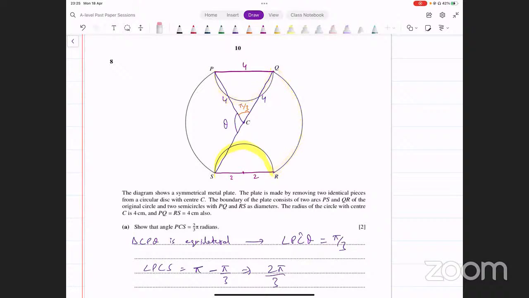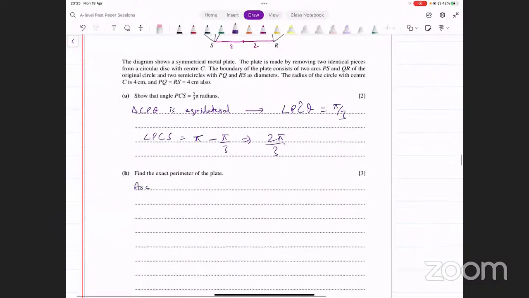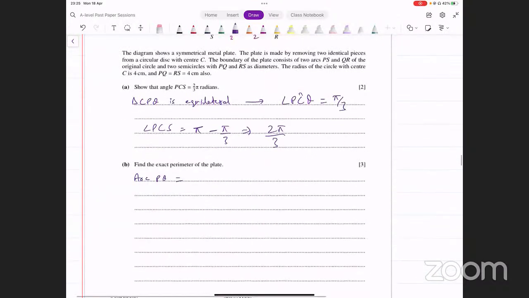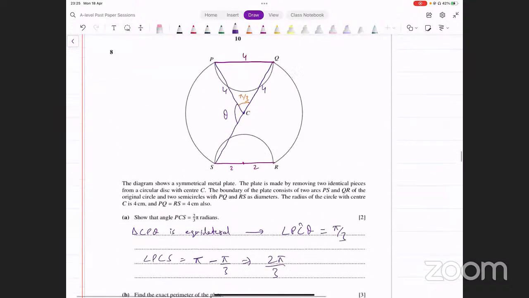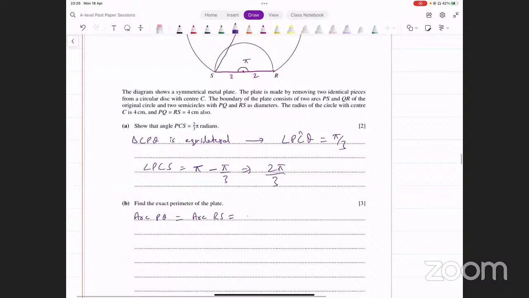अच्छा. अब इनका में सब कुछ पता है essentially. It's pretty straightforward. हम क्या करते हैं? हम PQ arc निकाल लेते हैं. So arc PQ equals arc RS. दोनों same है. इनकी वैल्यू क्या होगी? इनका एंगल कितना होता है? एंगल इन अ सेमी सर्कल इज पाई. रेडियस कितना है? 2. सो इट्स गोइंग टू बी पाई into 2, or you can say 2 pi.